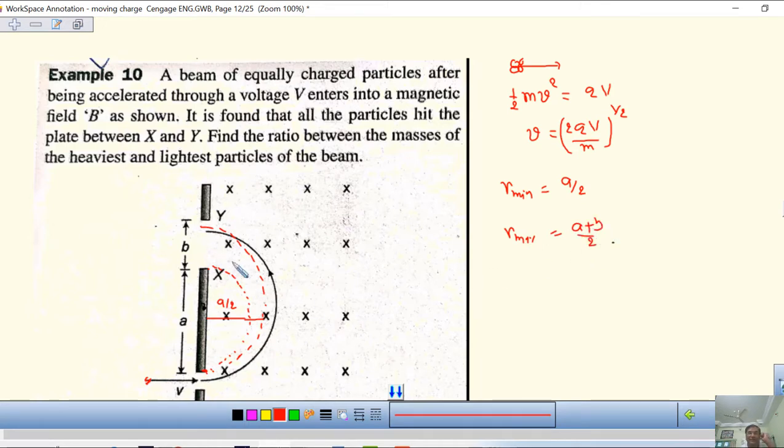Understood? Maximum radius, minimum radius. One formula, what is radius? So mv upon qB. Okay, mv upon qB. So this is our radius. So for minimum radius, velocity will be minimum. Here mass and v both are different. So what do I have to do?